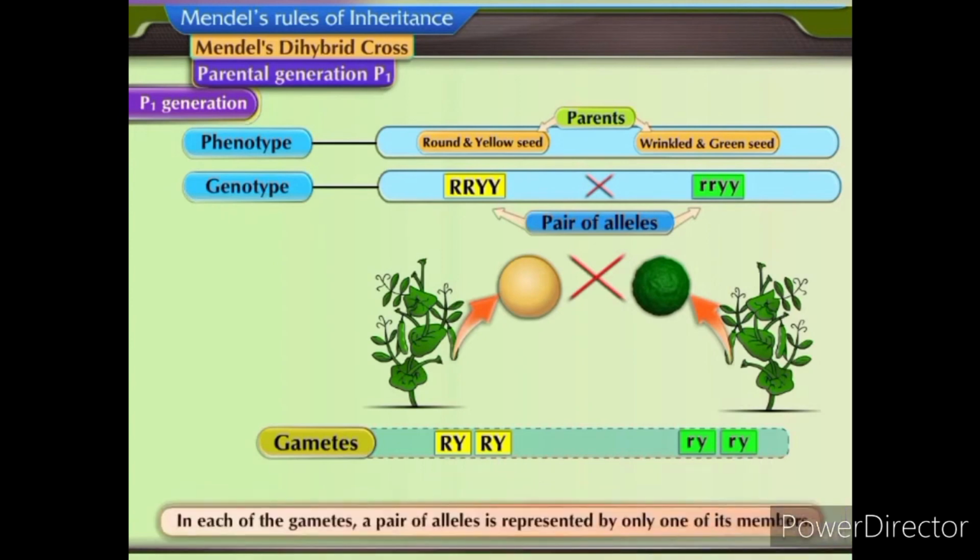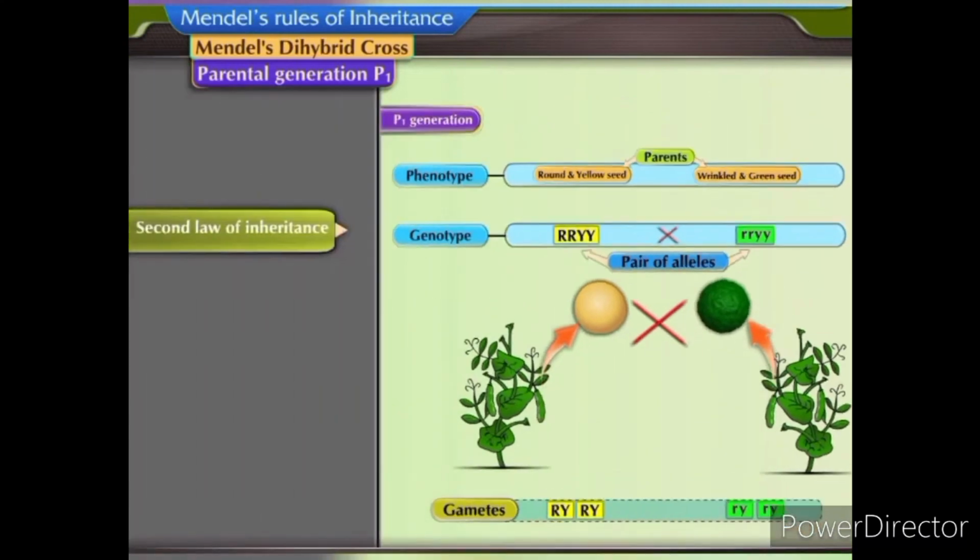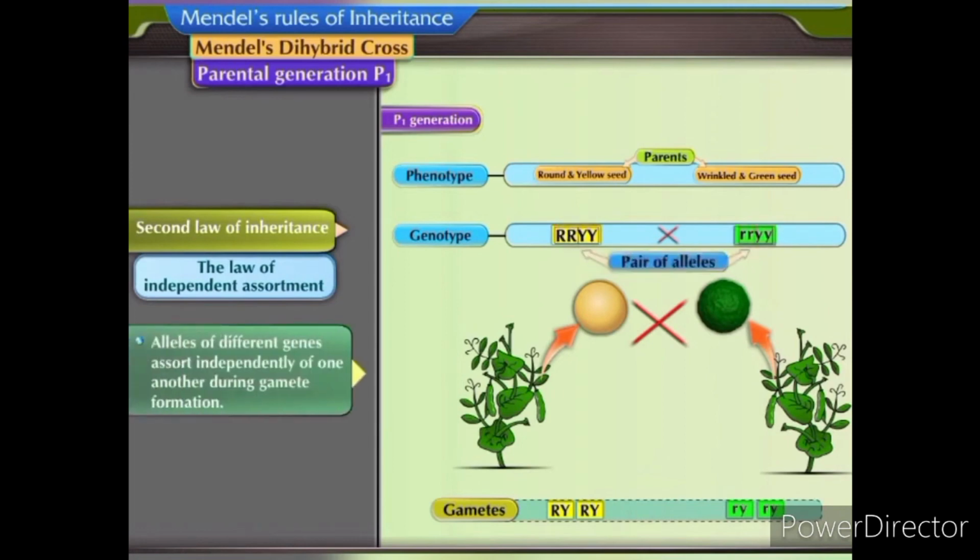In each of the gametes, a pair of alleles is represented by only one of its members. These findings helped Mendel to formulate his second law of inheritance called the law of independent assortment, which states that alleles of different genes assort independently of one another during gamete formation.